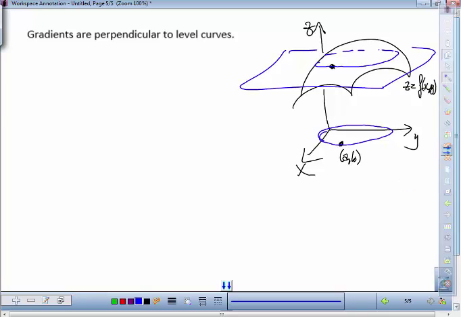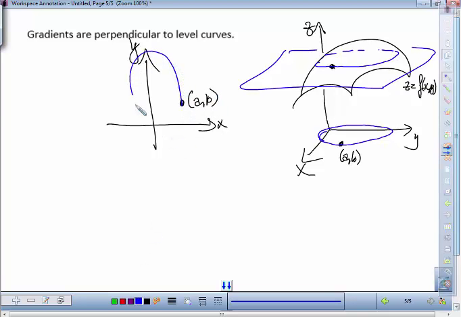So let's get that view, A B or X Y. So this is our beginning view of this scenario.